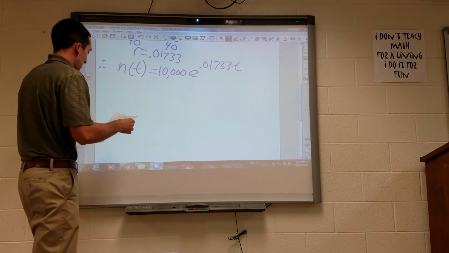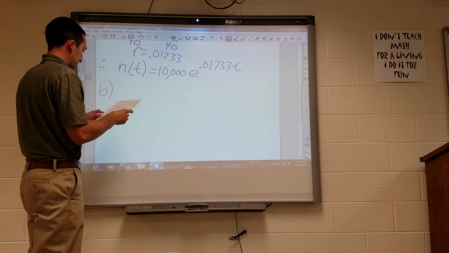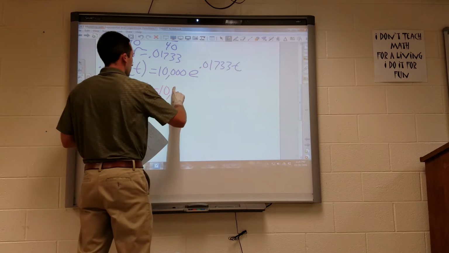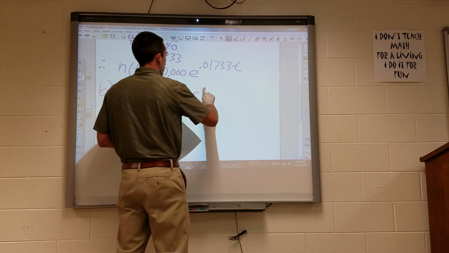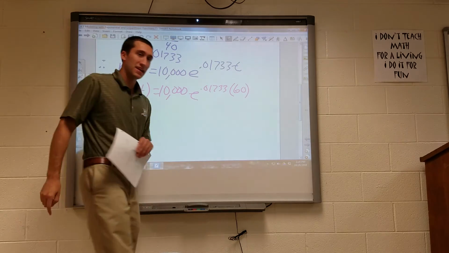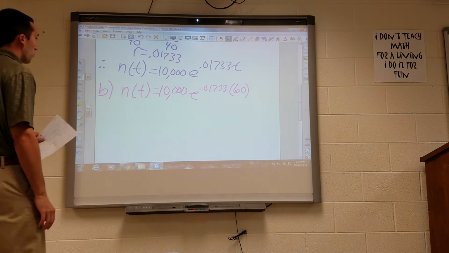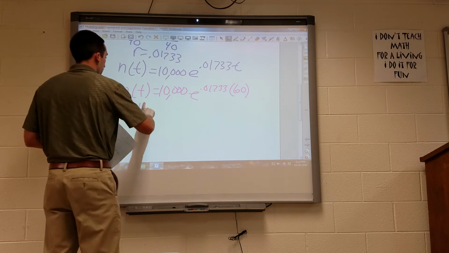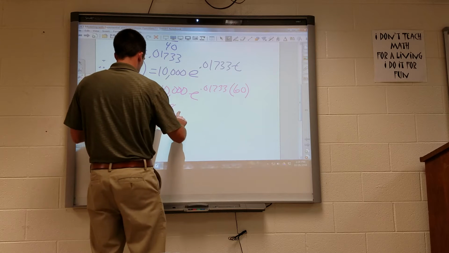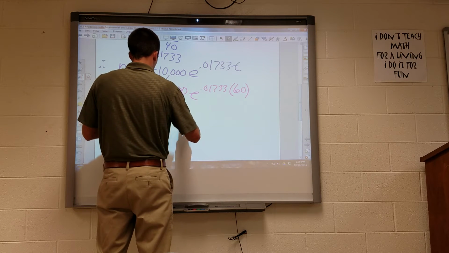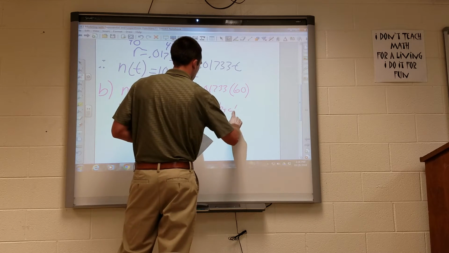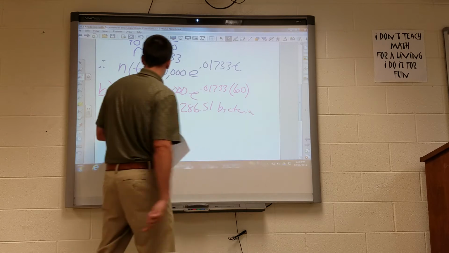So part B, n of t equals 10,000 e to the 0.01733, and then we're going to multiply it by 60 because there are 60 minutes in 1 hour, and when you use your calculator to compute that, you get there will be 28,286.51 bacteria, roughly.